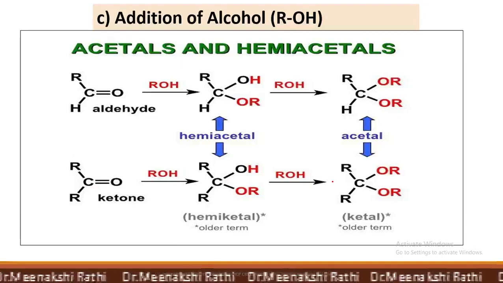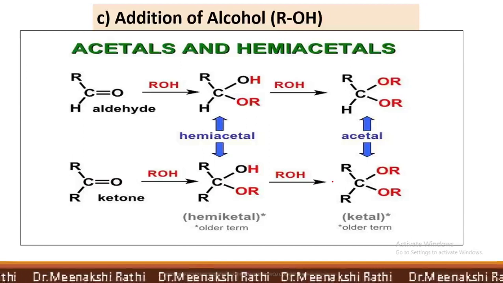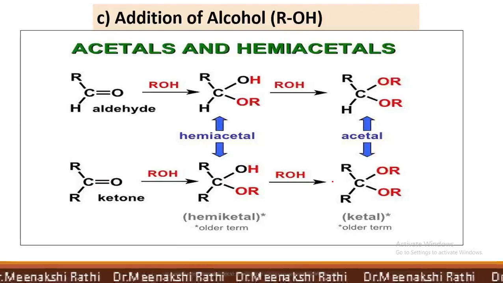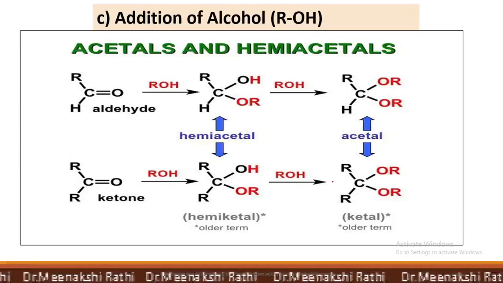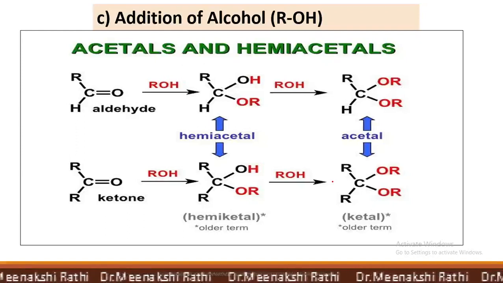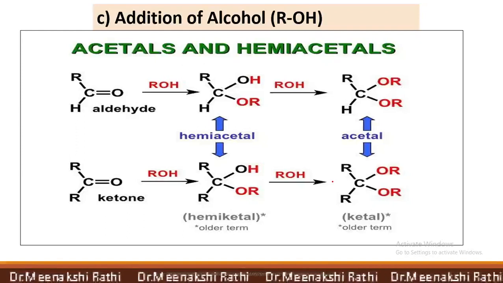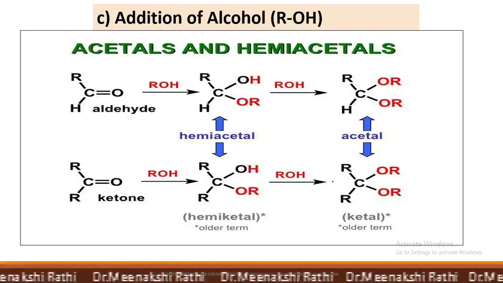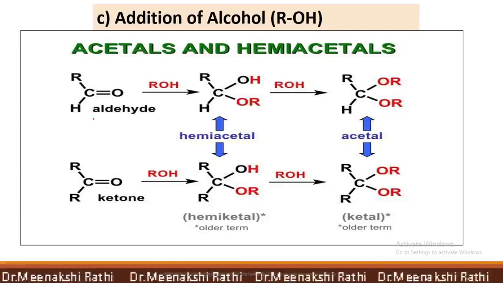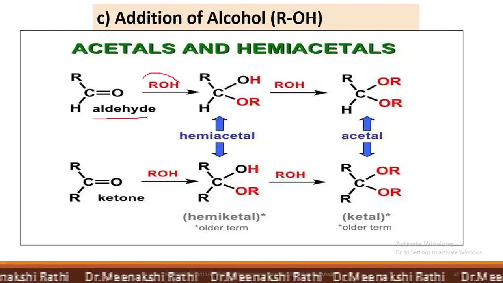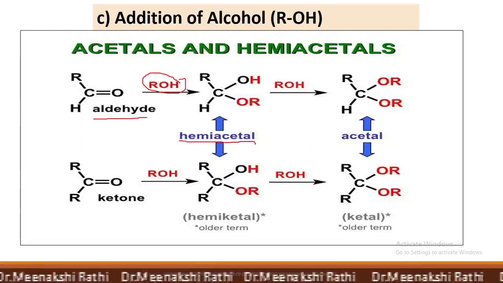Next reaction is addition of alcohols. Aldehyde and ketones, when they react with 1 mole of alcohol in presence of acid, form hemiacetals. When aldehyde reacts with 1 mole of alcohol, there is a formation of hemiacetal.